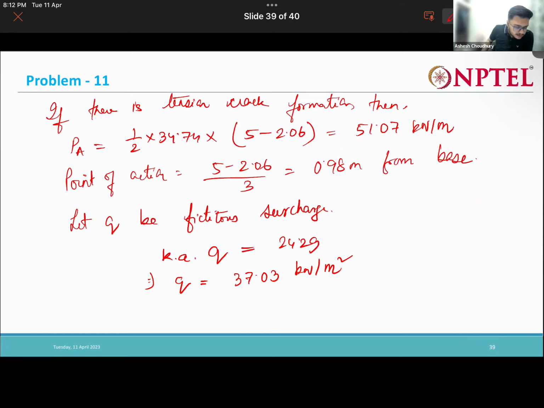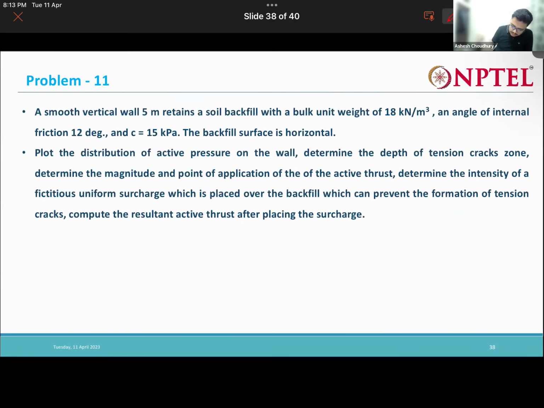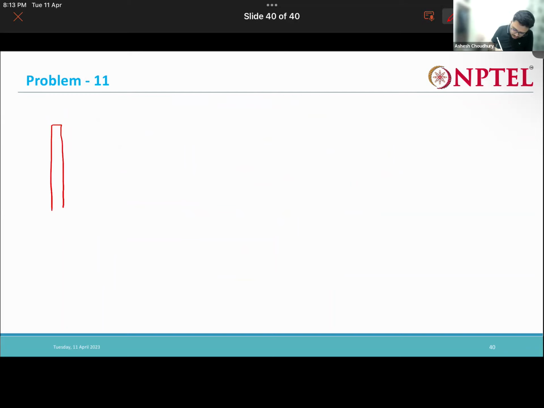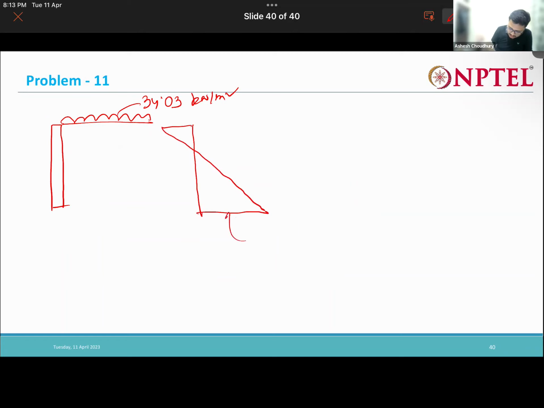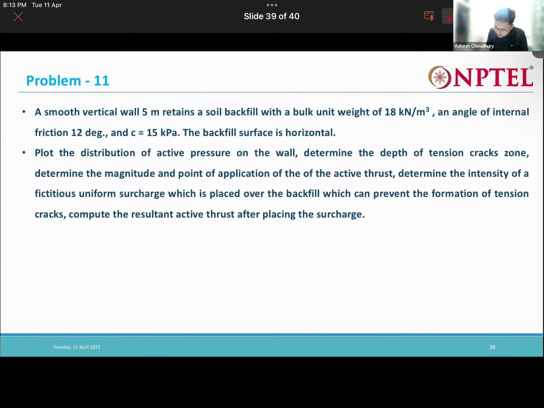Okay, so now in this case, what will be our PA? So now what we are doing is that we are placing a surcharge equal to 37.03. Okay, now say this is not there. If it was not there, I would have got something like this. So this one we already calculated as 34.74.